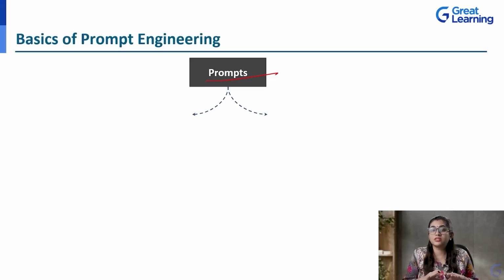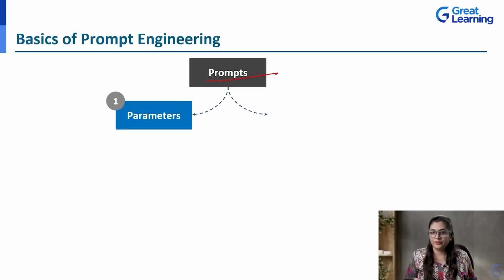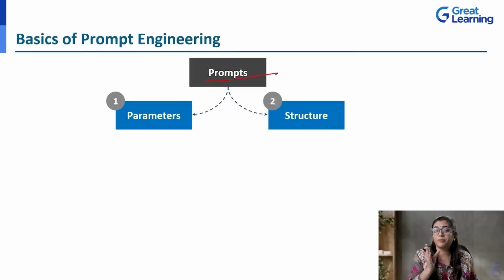Prompts contain two parts majorly, that is parameters and structure. What will be the structure and what will be the parameters of your prompts? When you design it, you have to think so that you have an optimized result.